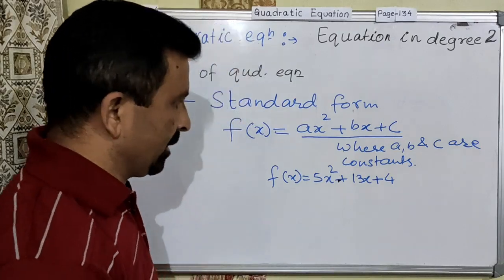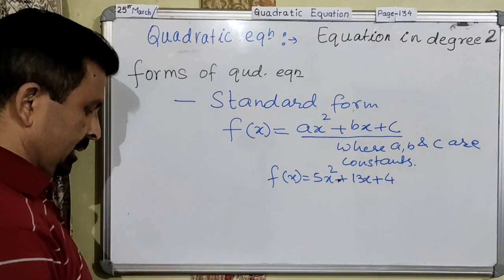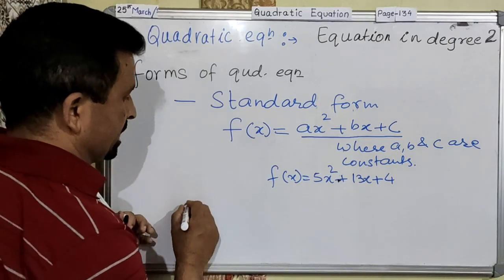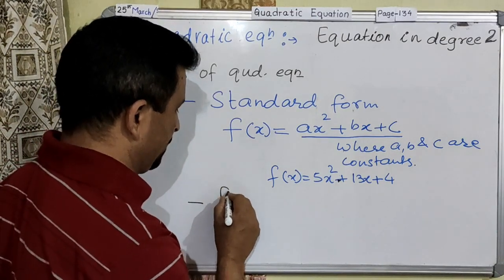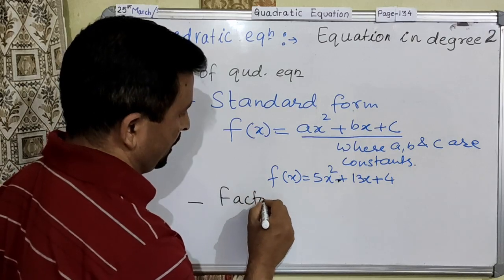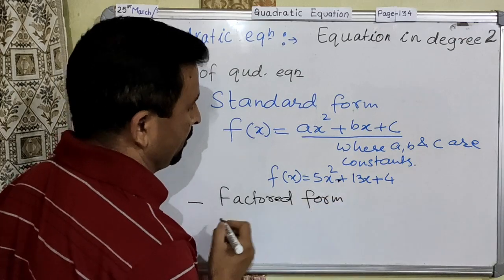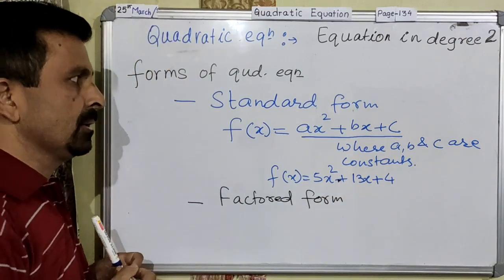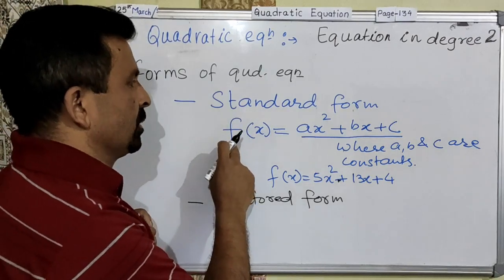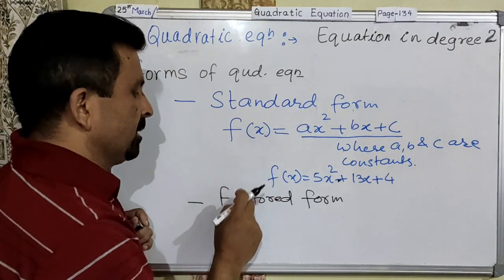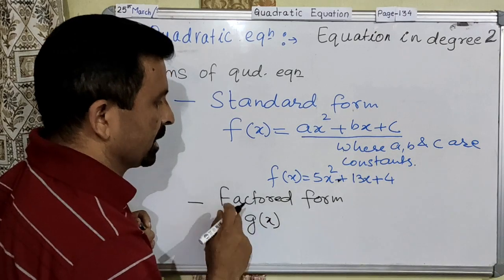Then after this we have another form of quadratic equation. We will call it factored form. Since we have denoted the standard form with f(x), I am going to use a different notation, g(x), for the factored form.